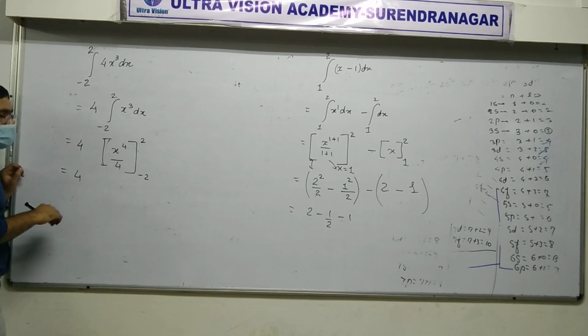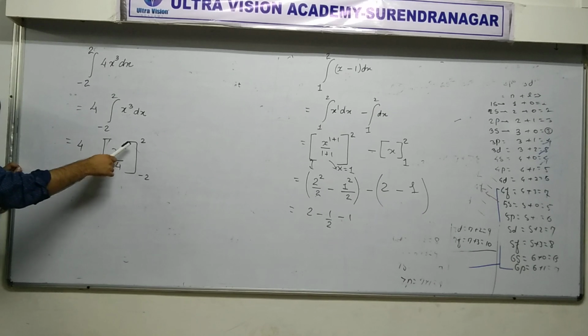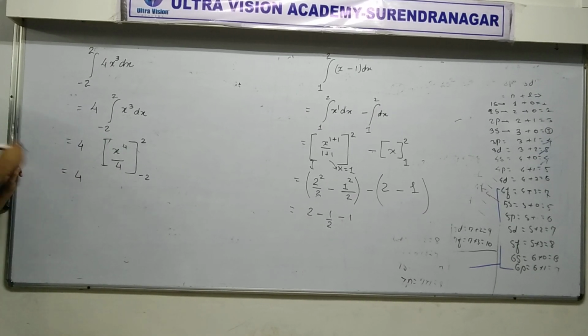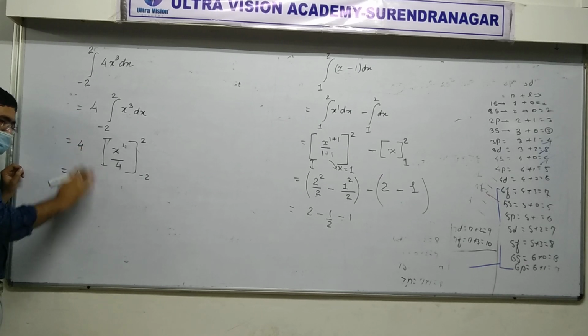Actually you can take this 4 outside also, because 4 is always 4. So minus 2 and 2. Whether you put x equal to 2 or minus 2, the value of 4 will always remain 4. So that's like we take constants out. You can do that. Understood? Yes. Because it is individual. But even if you don't do it, the answer is not wrong.